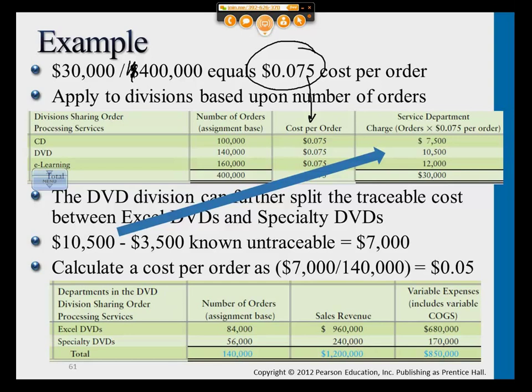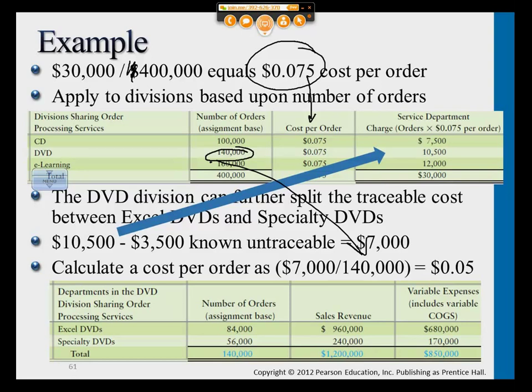My DVDs total is 140. So this 140 is what I'm using right here. I took that 7,000 and divided by the total number of DVD orders, and that gives me 0.05. So 5 cents per order.